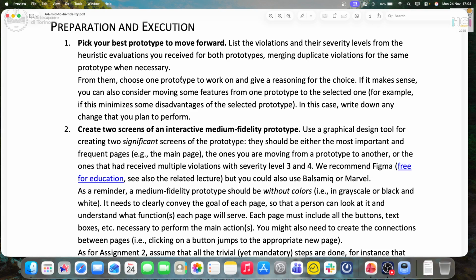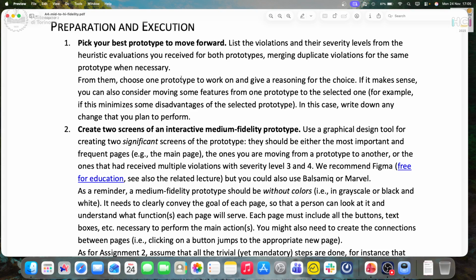If it makes sense, according to the heuristics, according to your reasoning, you can also consider moving some feature from one prototype to the other. For instance, if you have many violations on interaction A, but you don't have the same violation on the other prototype for how things are done there, you can move that feature there.